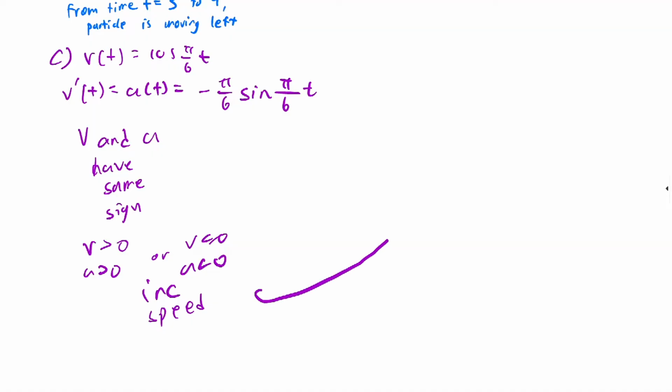It's like an exponential, right? And so it makes sense. And even when your velocity is negative, if you're going in the left direction and you're also accelerating in that direction, your speed is actually increasing. So whenever acceleration and velocity have the same sign, that's when your particle is speeding up.